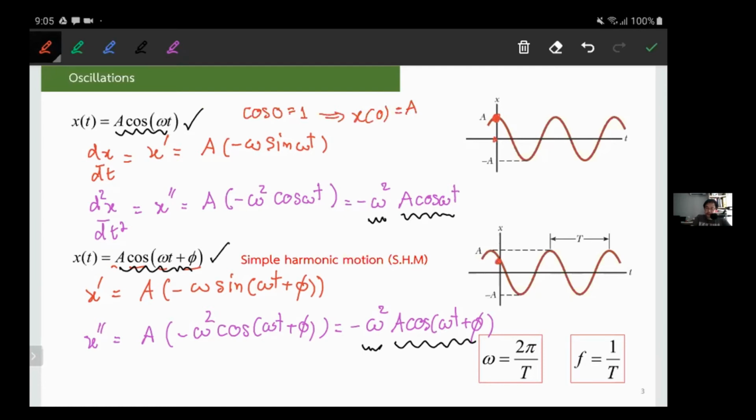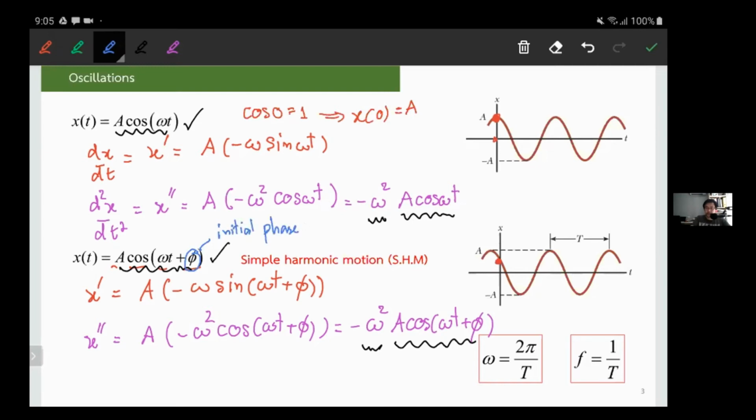Like, well, I want to start somewhere in between, something like that. And that gives you the flexibility of your starting position. That's why I have to add on top of this that, hey, you might want to start from some angle phi. So that's why you can call this the initial phase.